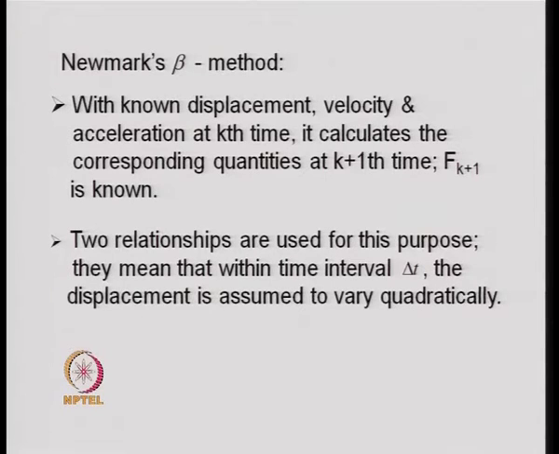So, with these three known solutions, one can obtain the constants C1, C2, C3, C4 of the A matrix, and one can write down the entire Duhamel integration in this recursive format.